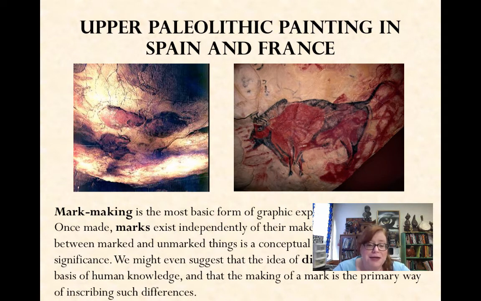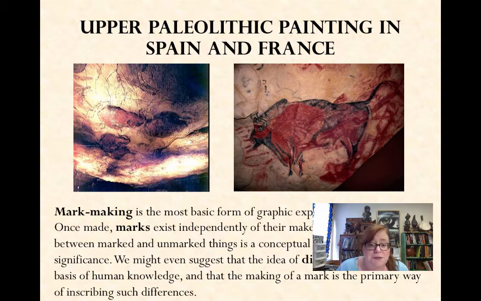So mark making is the most basic form of graphic expression and design. You just make a mark. And then once made, a mark exists independently of whoever made it. So differentiating between marked and unmarked things is a conceptual act of enormous significance.